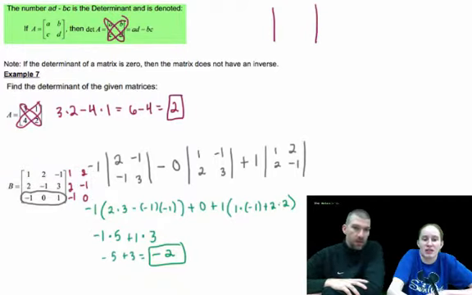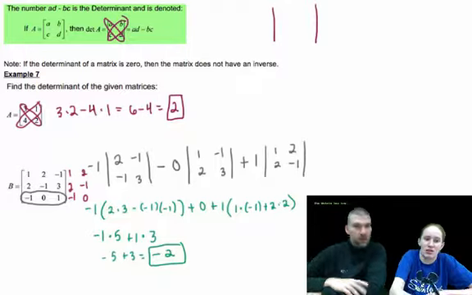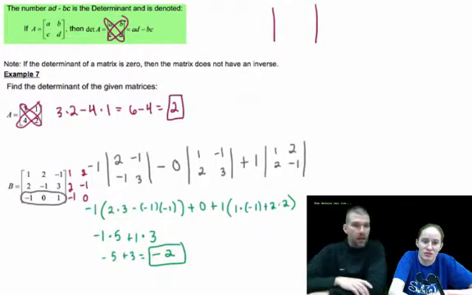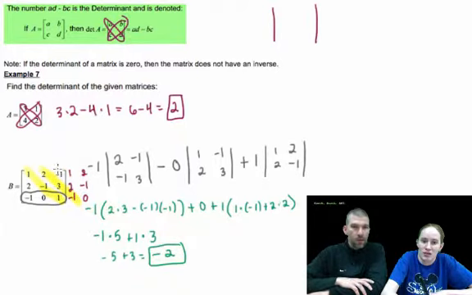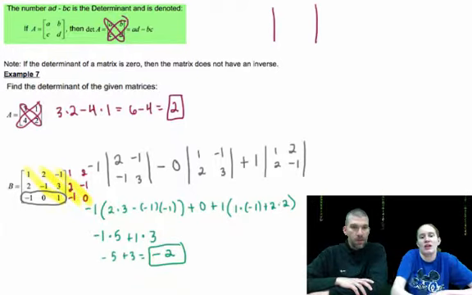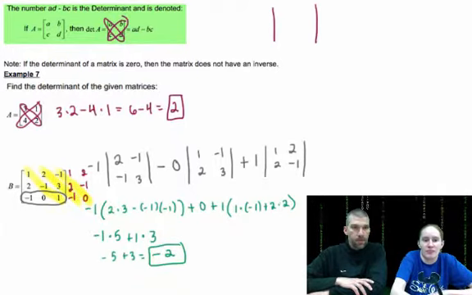So the other way to do it is you rewrite the first two columns. That's what I do. And then you take the diagonals going that way. Let's try the highlighter. You take these diagonals and you multiply them together.